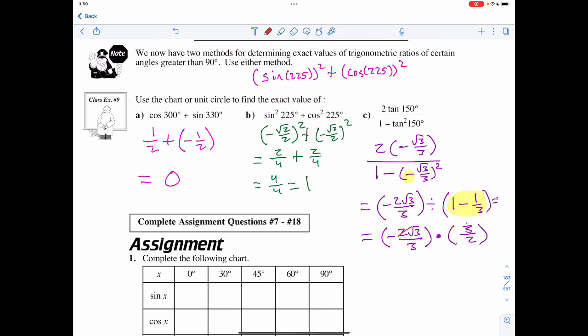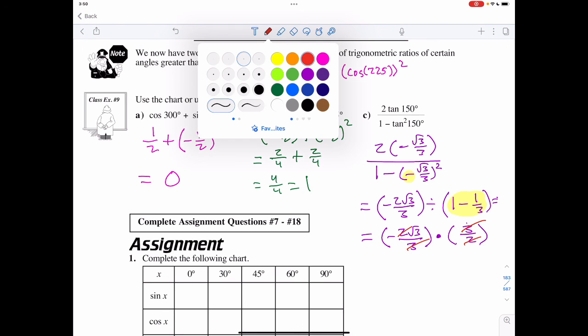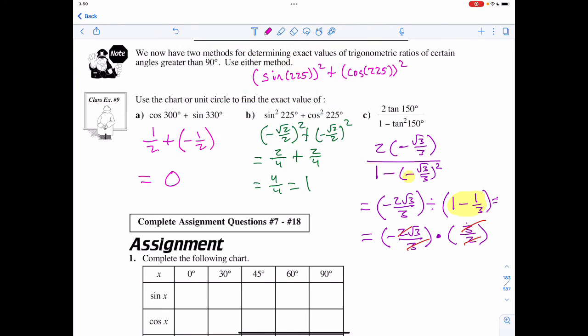I can cancel out, just like we did in our rational expressions. And my final answer is just negative square root of 3. And that's it.